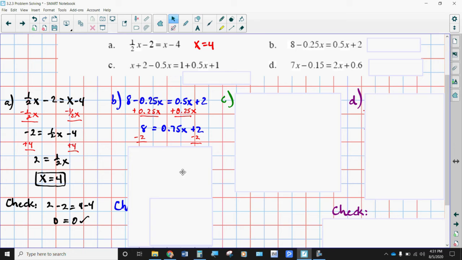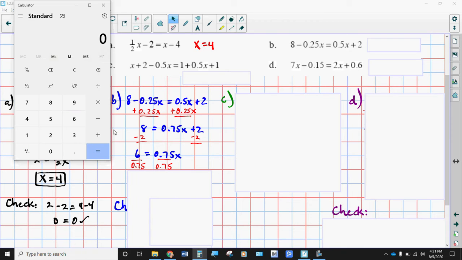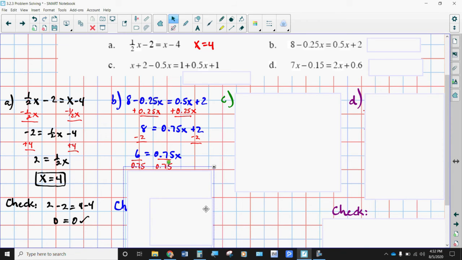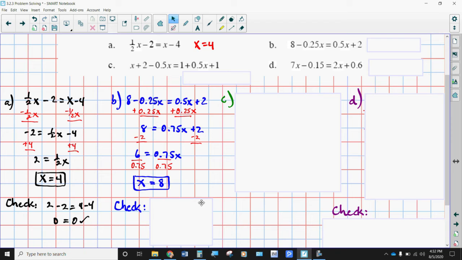So we subtract away 2 from each side, and that gives me 6 is equal to 0.75x. And now this is where using your calculator comes in handy. You divide each side by 75 hundredths, and 6 divided by 0.75 gives you 8, which means x in this problem has to be equal to 8.